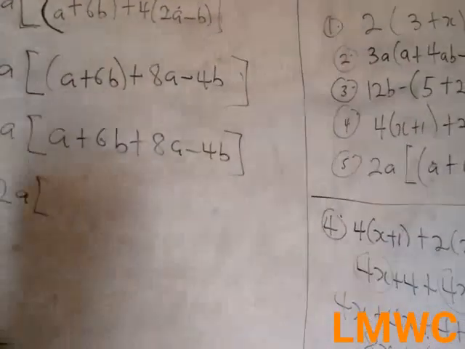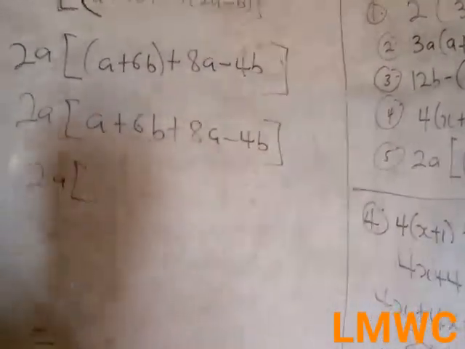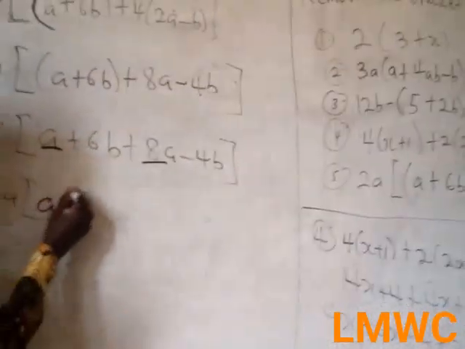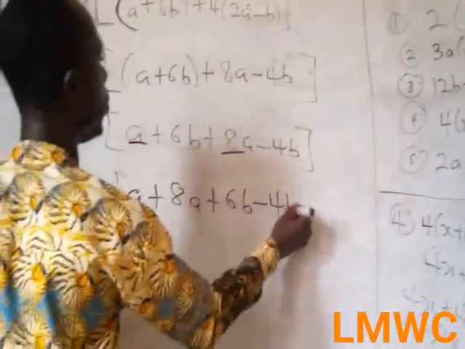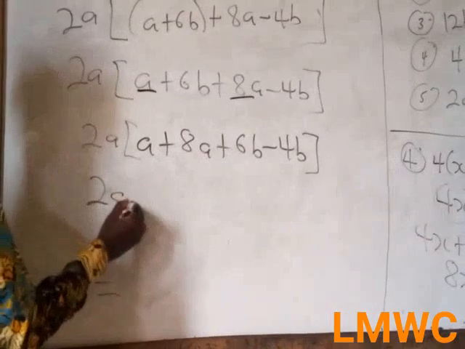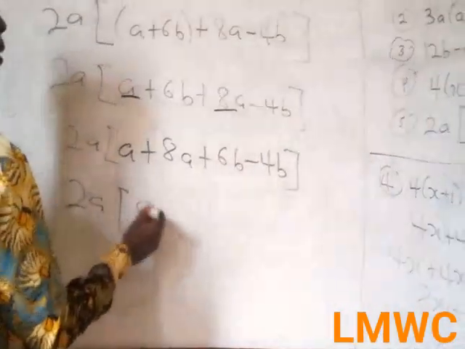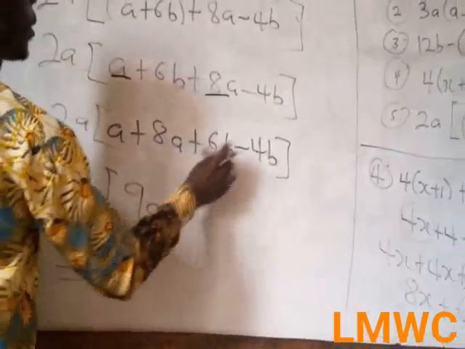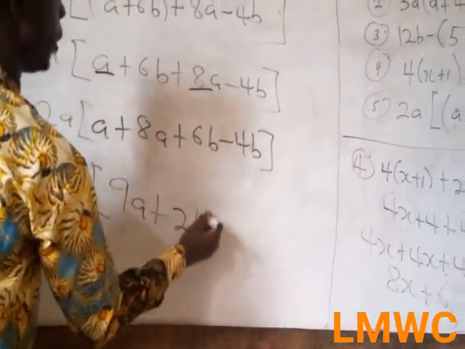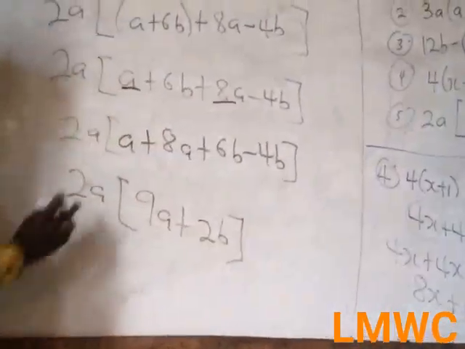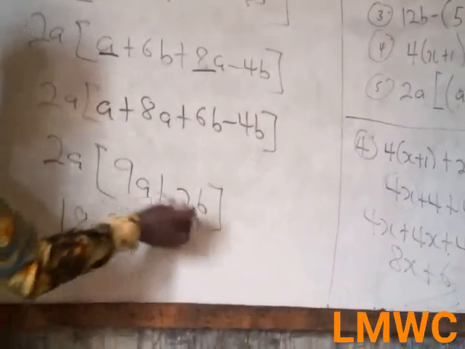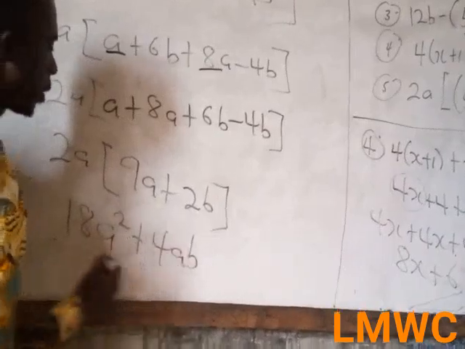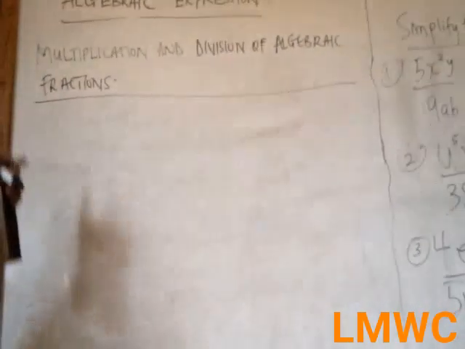Let's simplify. Do we have any like terms? Yes, this and this are like terms. So a plus 8a plus 6b minus 4b. So this plus this, 9a, plus this minus this, 2b. So this times this is 18a^2, plus this times this is 4ab. That's our answer.